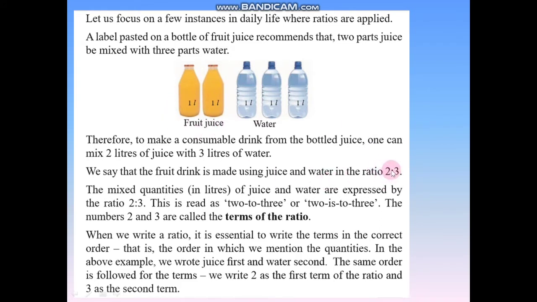Because we use 2 parts of fruit juice, first we write 2, then 3 parts of water, here we write 3. Instead, if we swap this and say 3 parts of water to 2 parts of fruit juice, then we should write the ratio as 3:2.